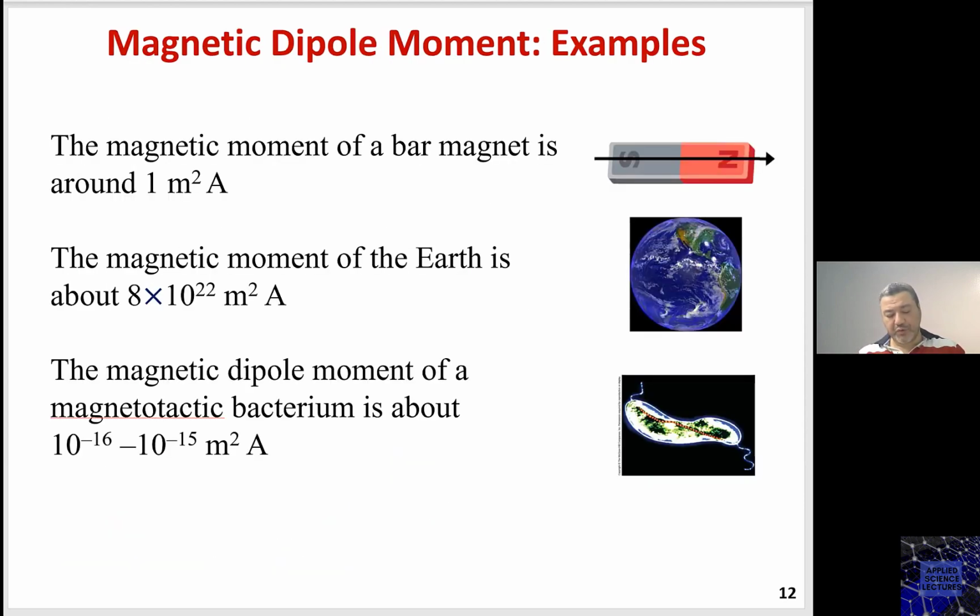Now, if you want to compare the magnetic dipole moment for different structures, we have, for example, the magnetic bar in the range of 1. We have the Earth in the range of 10 to the power 22.